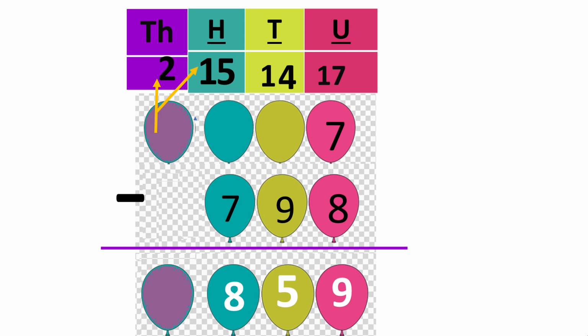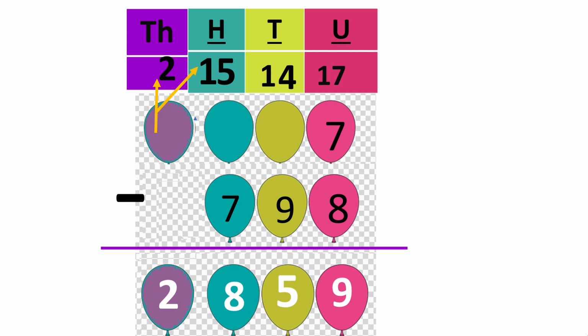Go to thousands place. Here we have 2000 and there is nothing to subtract. So consider as 0. 2000 minus 0 will give you 2000 itself.